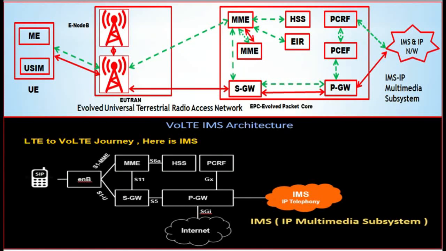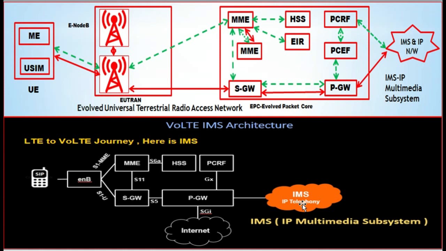The LTE PGW does not decode or interfere with this traffic, and it is used as a carrier for accessing IMS service, which provides IP telephony, or voice service over an IP network.